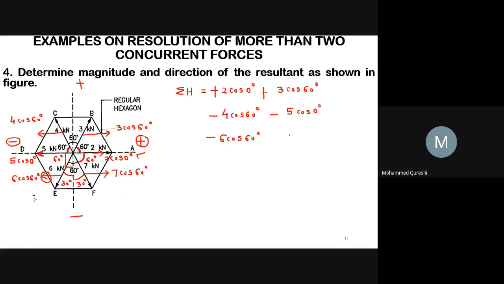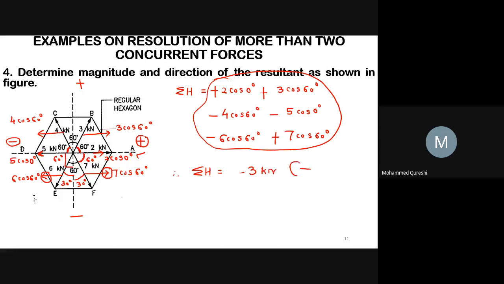And lastly 7 cos 60 degree, it is in fourth quadrant, and in fourth quadrant our sigma h is positive, so plus. Therefore sigma h equals to, after solving all the 6 components, you will get sigma h as minus 3 kilonewton. It is minus, hence we denote by this notation.